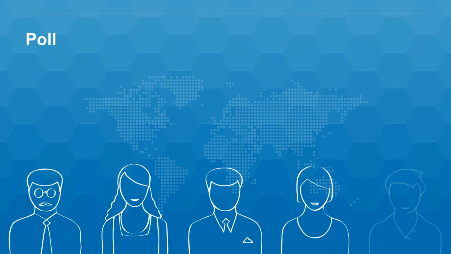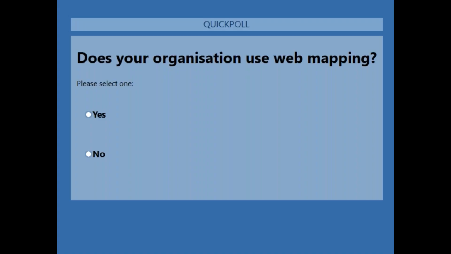We like to keep these webinars really interactive. So the first thing that I'm going to ask you to do is very quickly answer two really simple questions that give us a bit more of an understanding of why you're here today. The first question that I'm going to launch is, does your organization use web mapping?